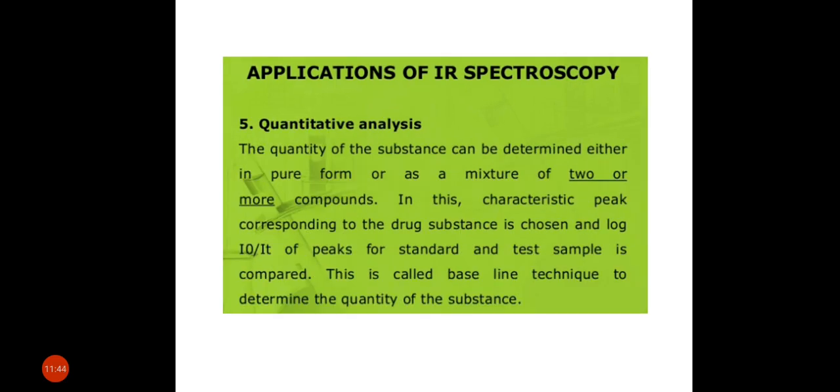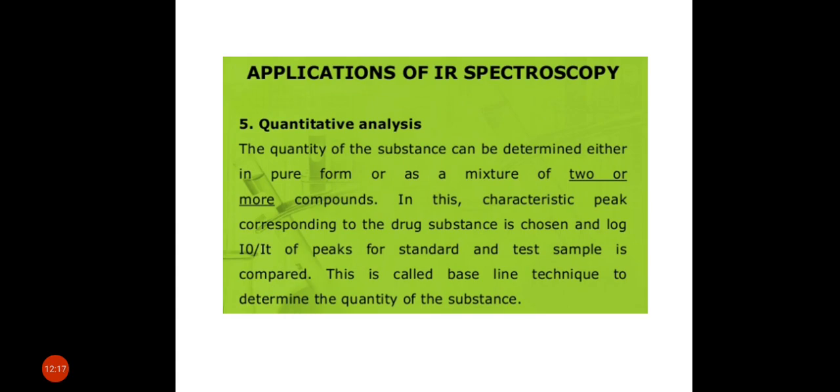Next is quantitative analysis. The quantity of the substance can be determined either in pure form or as a mixture of two or more compounds. In this, a characteristic peak corresponding to the drug substance is chosen, and log I0 by IT of peaks for the standard and test sample is compared.